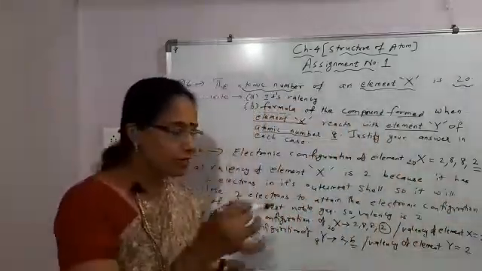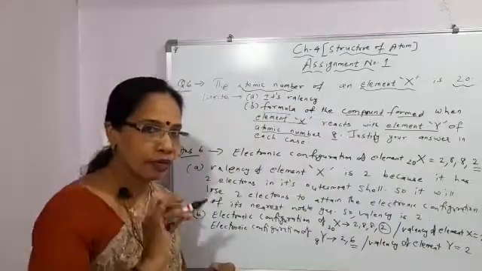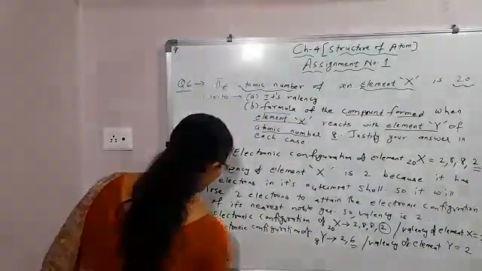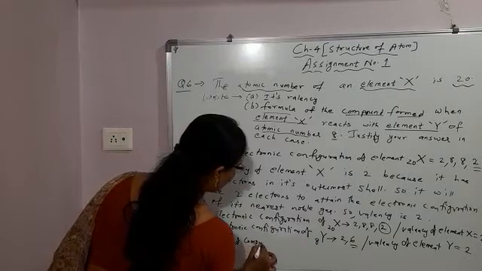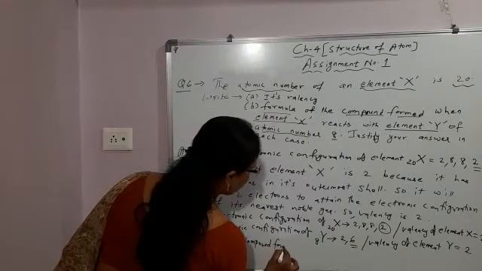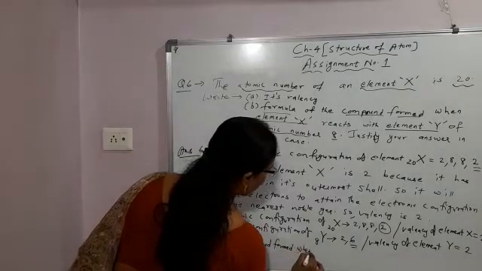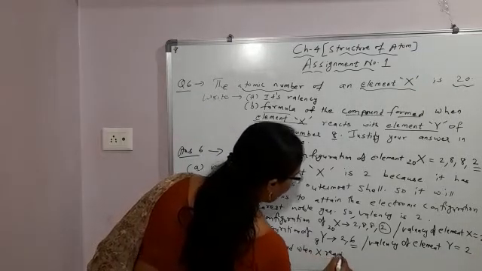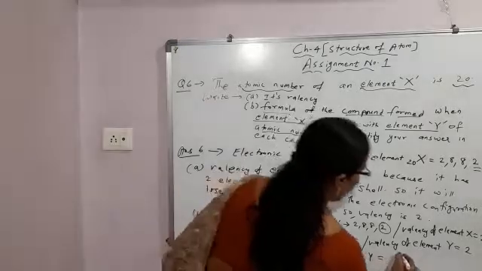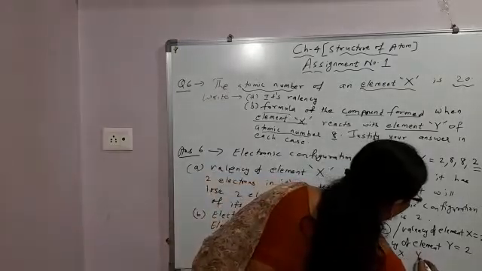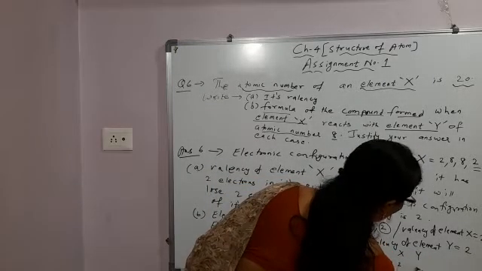Now you got the valency of X and Y. Now you can frame the formula. Formula of compound formed when X reacts with Y. So X, Y, write the valency 2.